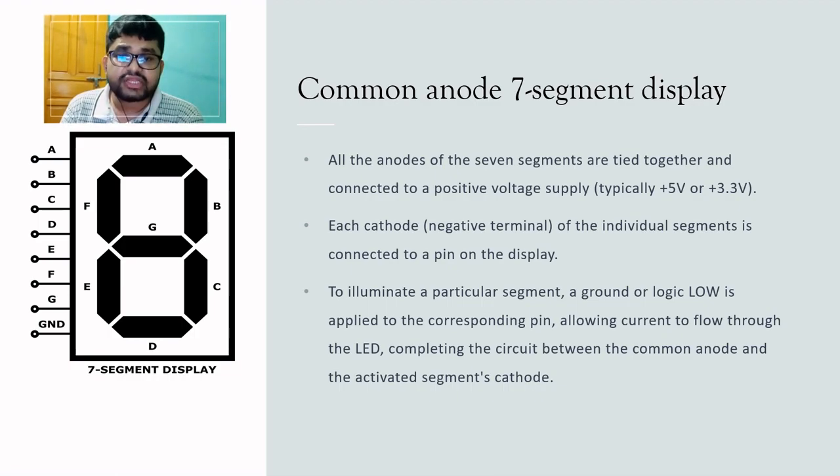With this clear and concise presentation, the common anode 7-segment display provides users with instant visual feedback, ensuring transparency and accessibility in our voting process. Let's explore how the display works.